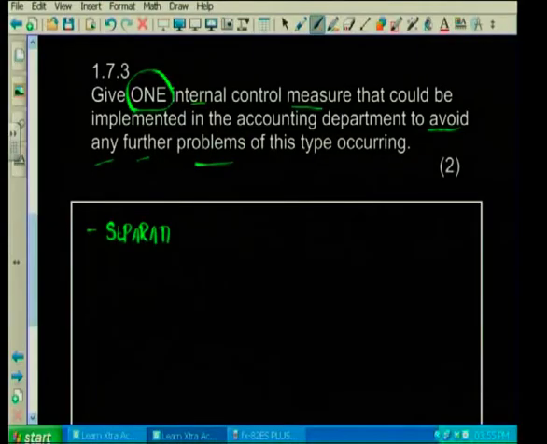Remember, you want now an internal control measure. What's very important, whenever we're dealing with money, remember, we have separation or segregation of duties. Separate your duties.